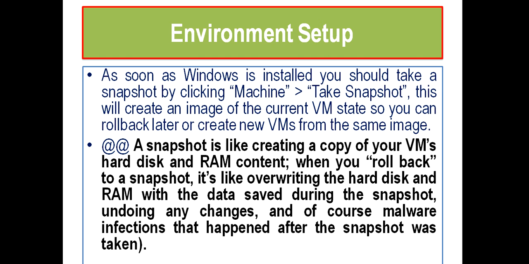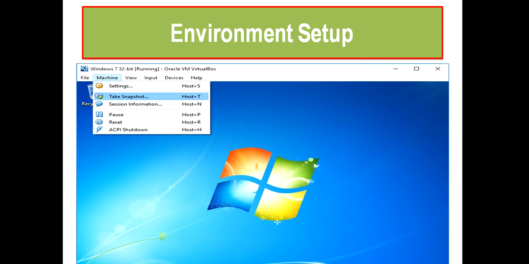When you roll back to a snapshot, it's like overwriting the hard disks and RAM with the data saved during the snapshot, undoing any changes and of course malware infections that happened after the snapshot was taken. So that's why we are taking the snapshot. You can have a look at this snapshot. Under the Machine menu, you will find this Take Snapshot option.